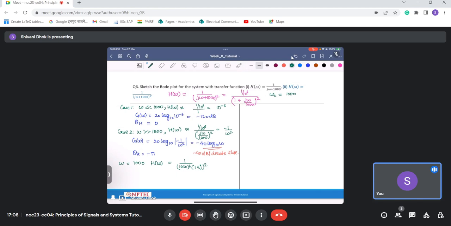This 10 power minus 6 has an angle of 0, and this 1 plus j has an angle of pi by 4, but it's in the denominator, so it will be minus pi by 4, multiplied by 2 because I am having a square here, so this is equal to minus pi by 2.